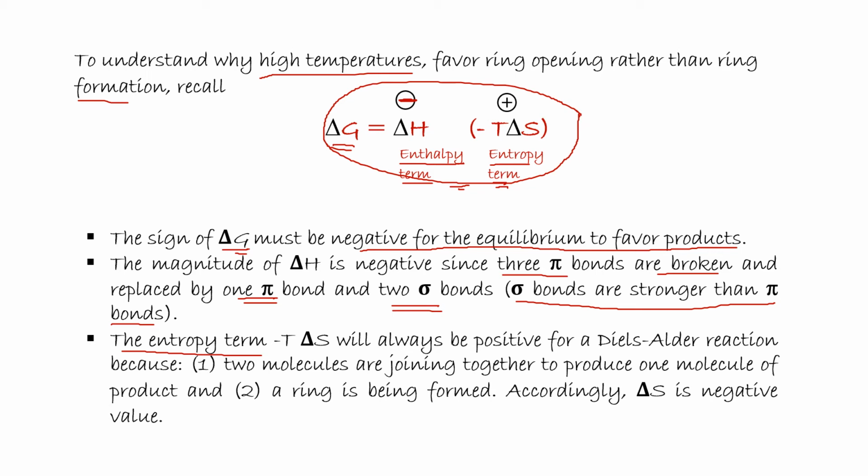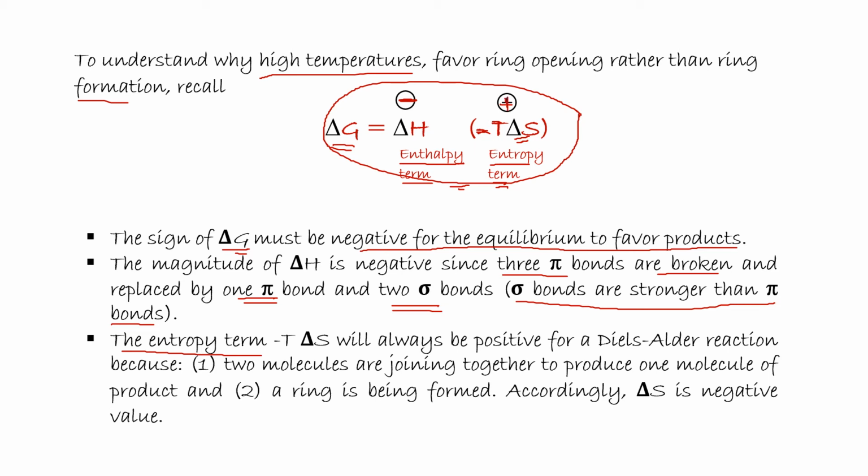So delta S will always be negative. But the entropy term is minus T delta S. If delta S is negative, negative times negative, this value will be positive.